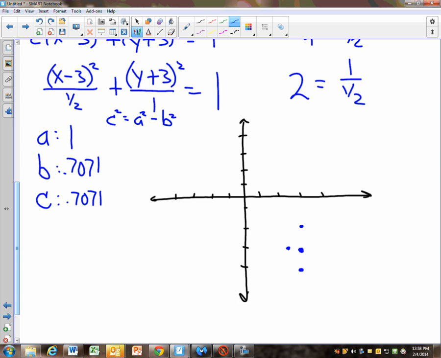Just do a little guesstimation here. And that's my ellipse. Let's have a little guy. And then for the foci, do I travel vertically or horizontally? Vertically, because that's the direction it's stretched. So I'm going to travel 0.7071 in both directions. And that's my graph.